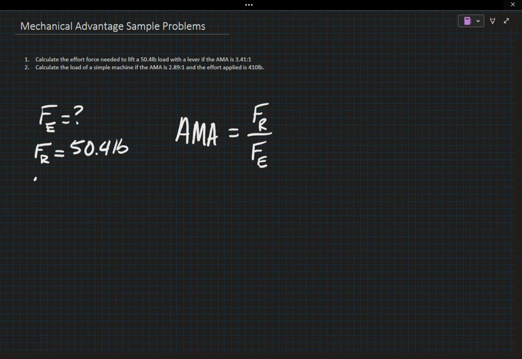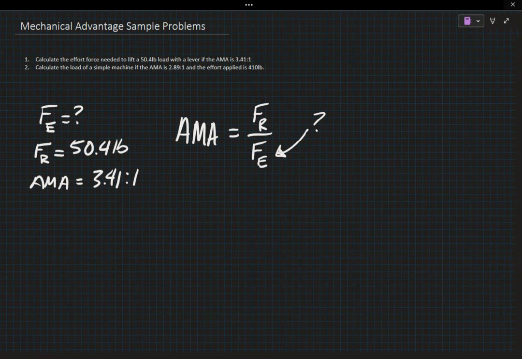And our AMA is given as 3.41 to 1. And just remember that this is the notation that we use for mechanical advantage. It's a ratio. It's not part of the number. It's just like feet or inches. It's a unit. Okay, so in this case, we are looking for effort force, FE.